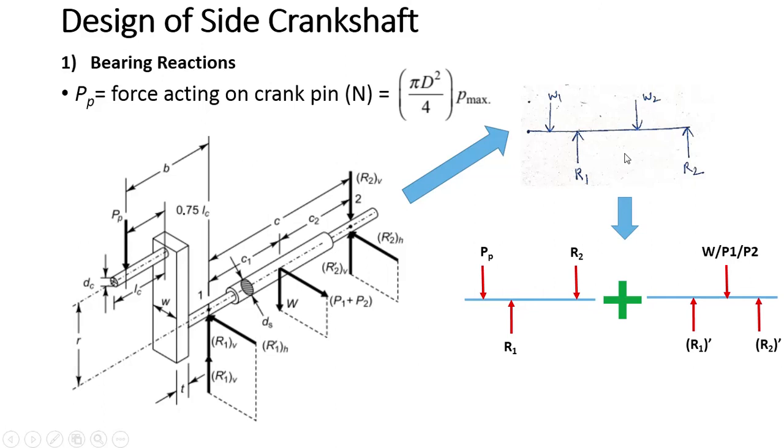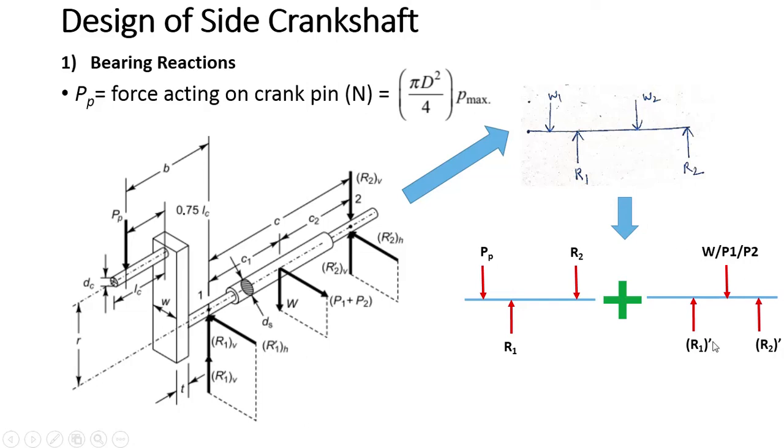This diagram is divided into two different parts. One is the diagram because of the PP load, and the other is the diagram because of the W and P1, P2 loads.